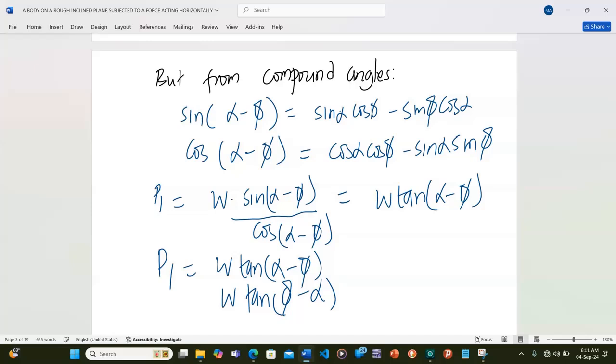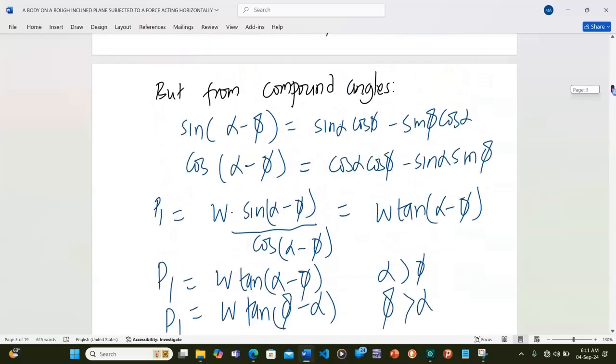This is when alpha is greater than phi, and this is when phi is greater than alpha. So that is P1. So that's how you can get that minimum force on an inclined plane when the force is acting horizontally and the body is at a point of sliding downwards along the inclined plane.